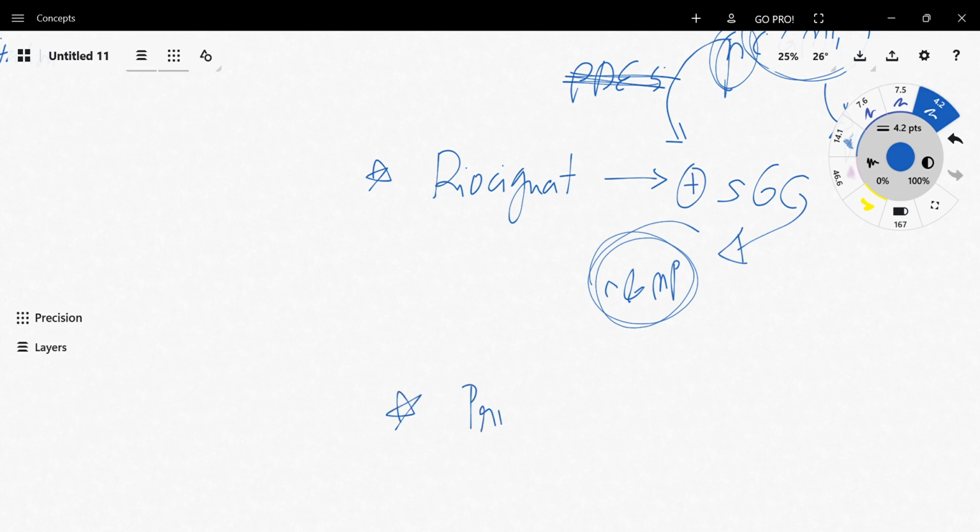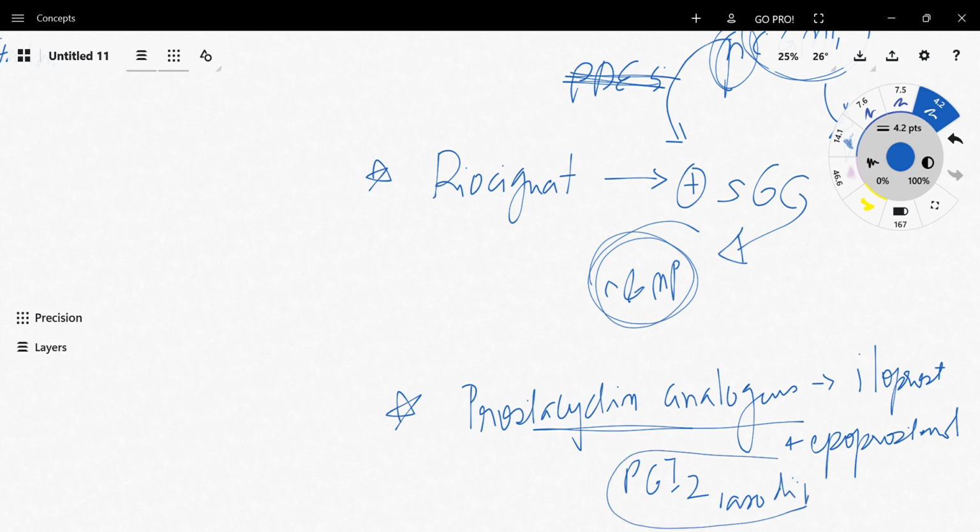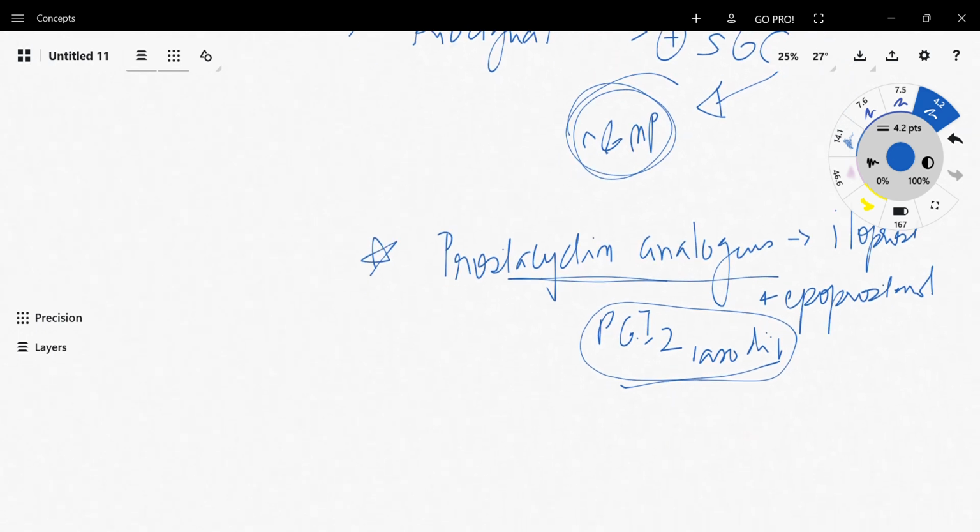We also have prostacyclin analogs, right? Those are going to be iloprost and epoprostenol. Prostacyclin is PGI2, which also is a vasodilator, so we can use this.